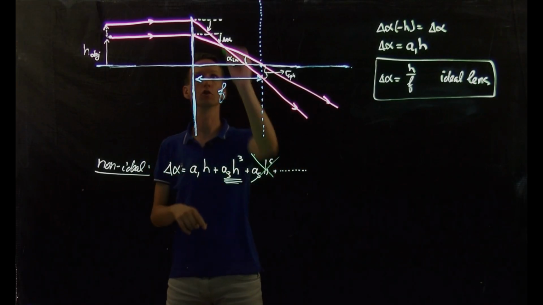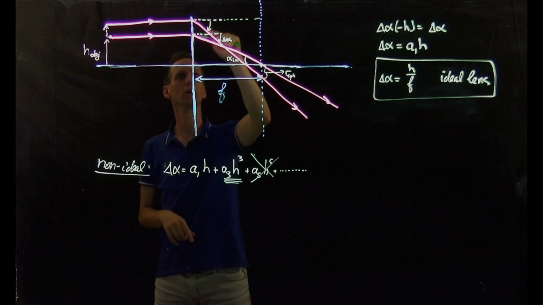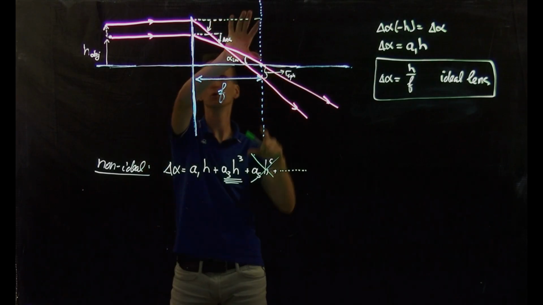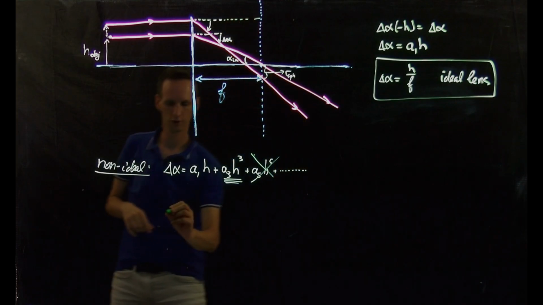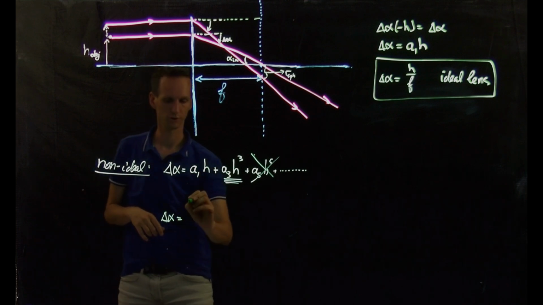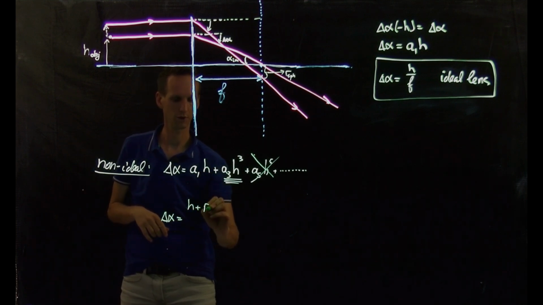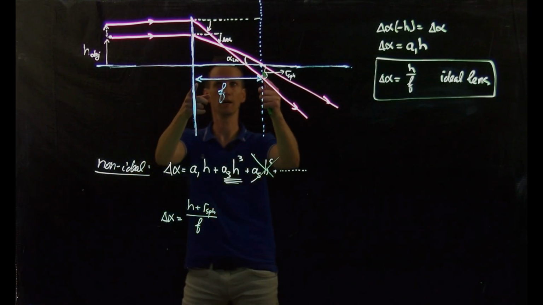So we see that for the aberrated ray, delta alpha is given by the angle here, which does not include h anymore, but includes an additional factor, r spherical. So we see that delta alpha equals h plus r spherical over the focal distance f that we have here.